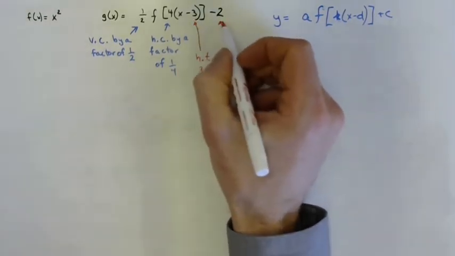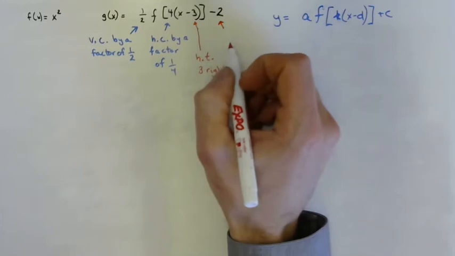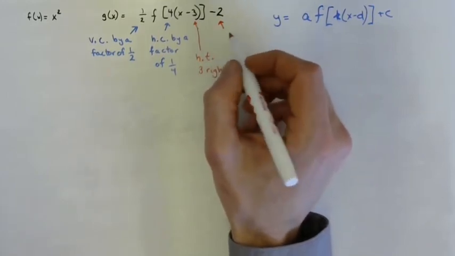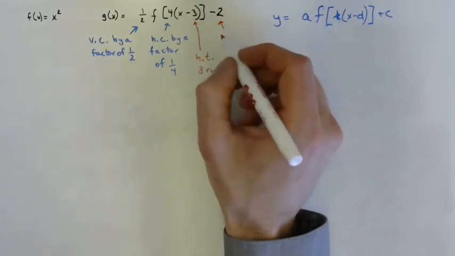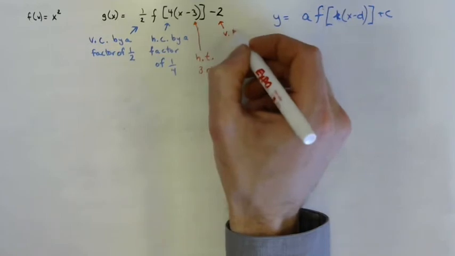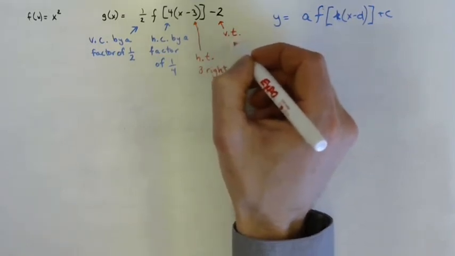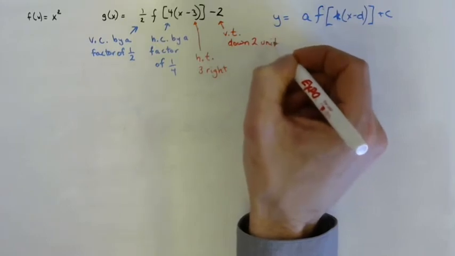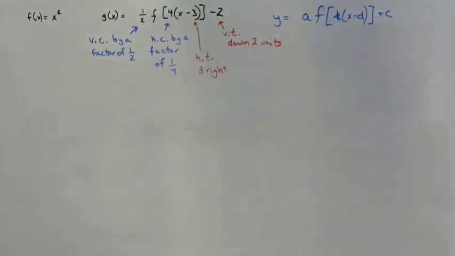You should definitely be writing this under your graph. Last one. What does the last one do? Vertical translation down 2 units. Okay, that's one way to quickly think about it.